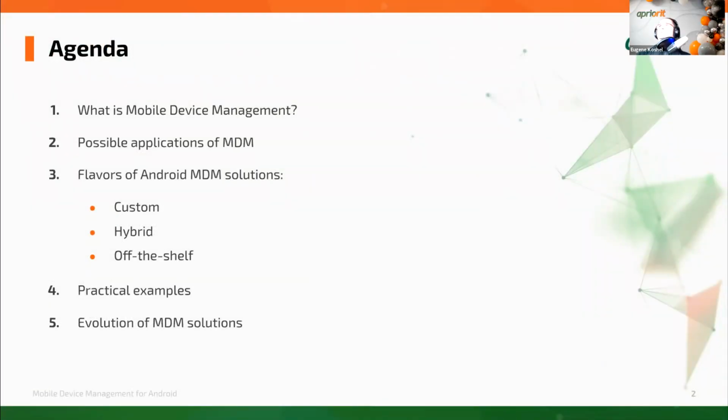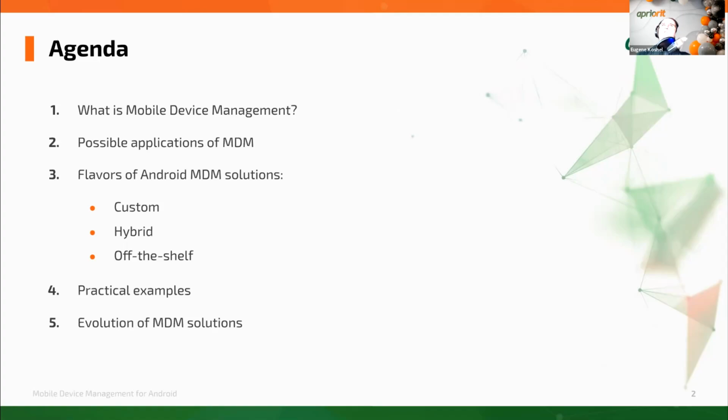Our agenda for today is as follows. First, we will talk about what MDM actually is, defining it in some abstract terms. Then we'll look at some possible applications, what the ideas of MDM are and how you can apply them in various situations. Then we'll take a look at some ways of implementing MDM.